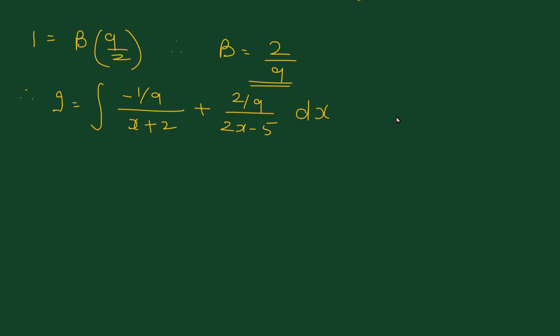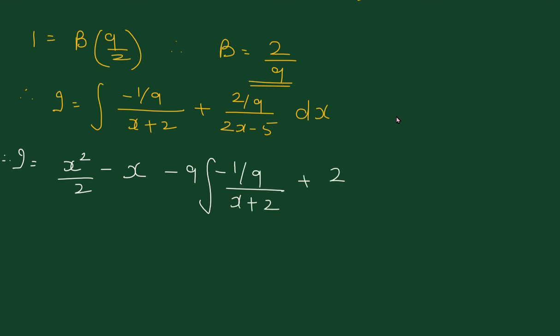So our entire integral becomes I is equal to the entire integral, that is, the first term was x square upon 2, the second term was x minus 9 integral of now these two terms, minus 1 upon 9 upon x plus 2 plus 2 upon 9 upon 2x minus 5 dx, and plus c1 also. If you remember, we had put c1 over here.